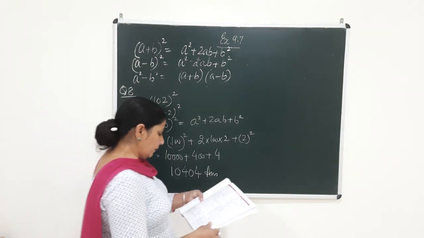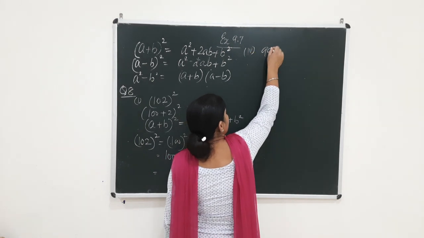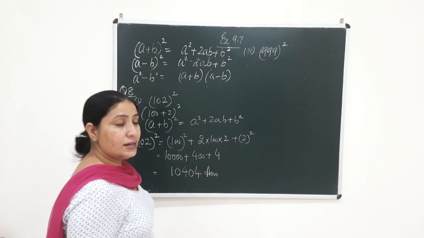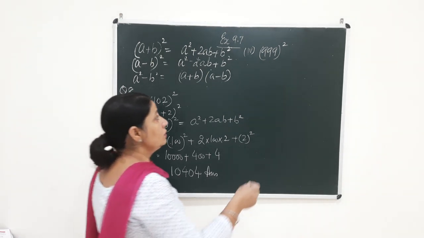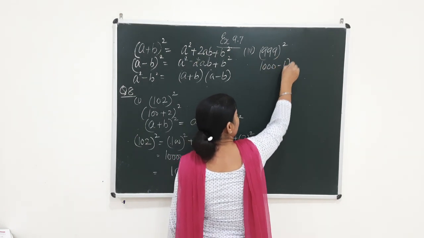In the same way, beta, if you have for example the fourth part, which is 999 the whole square, now you take it to the nearest 1000. The nearest 1000 of 999 is 1000, okay. So it is 1000 minus 1.